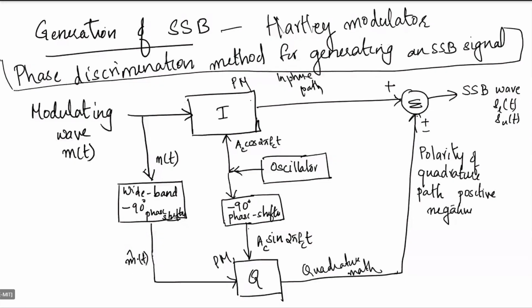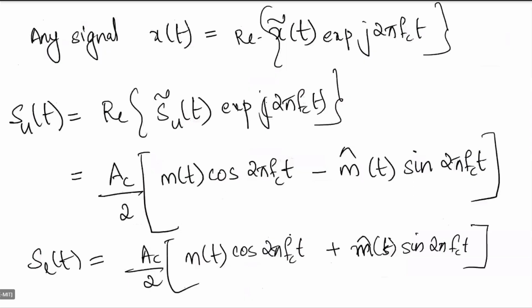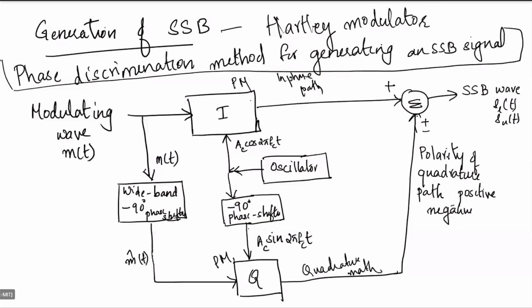Here the output is M hat of T, the wideband phase shifter output for M of T. Here the output will be Ac cos 2 pi fc t into m of t, and here Ac sin 2 pi fc t into m hat of t. Basically we realize the expression m of t cos 2 pi fc t minus or plus m hat of t sin 2 pi fc t, depending on upper or lower sideband.